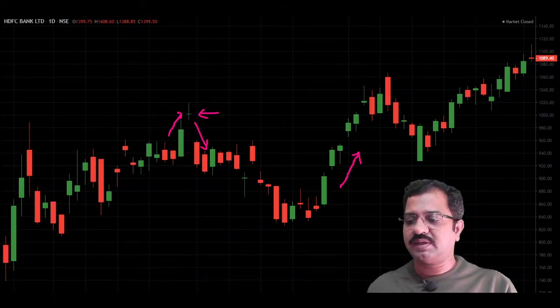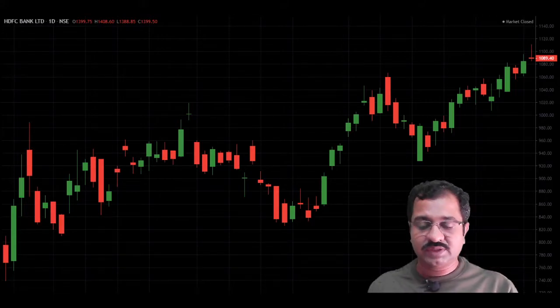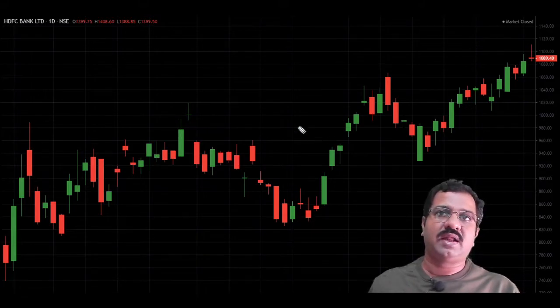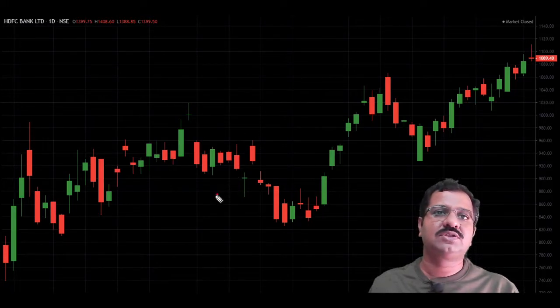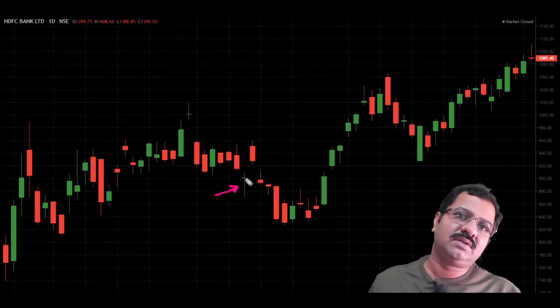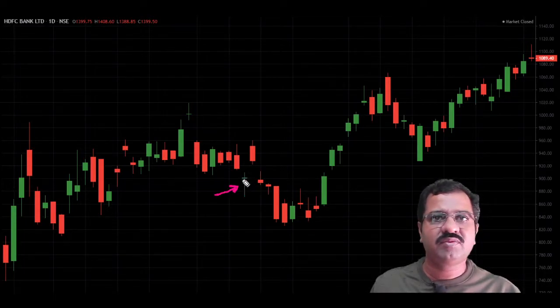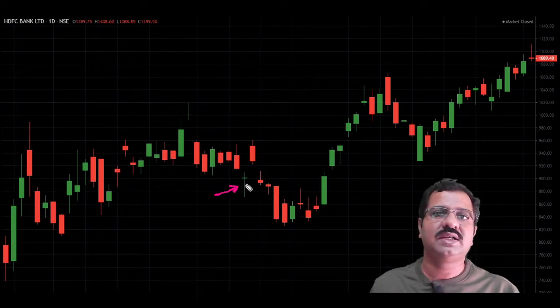Our next pattern, okay, there are two more types of doji. One is the dragonfly doji, and the dragonfly doji looks like this. Oh, we have it here. This is the dragonfly doji. See, its open and close will be the same, but it will be on the higher side, not exactly in the middle.